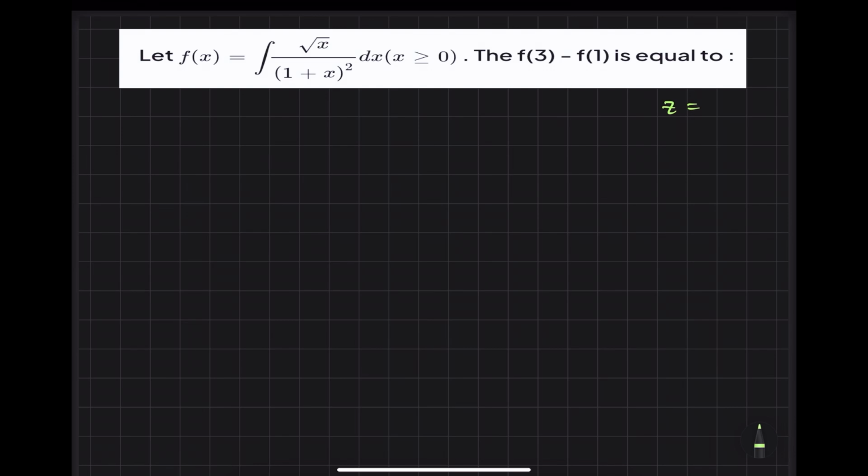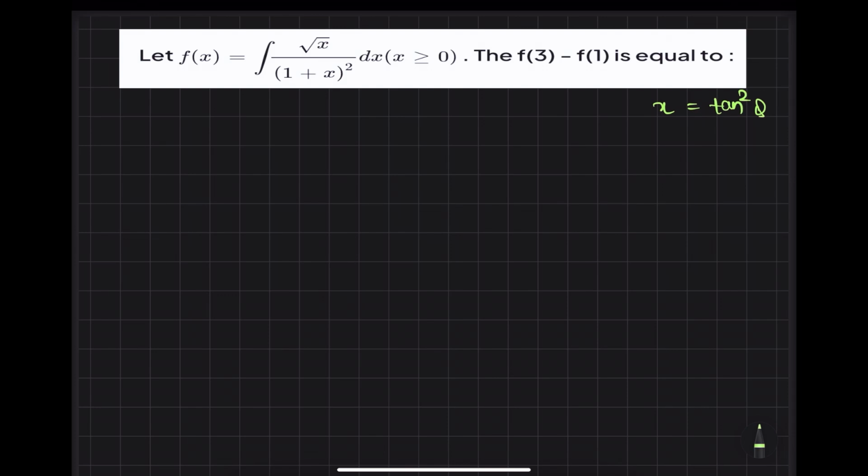But if you take this as sine square, here you will have 1 plus sine square, while the identity is 1 minus sine square x. You cannot connect this with anything. But suppose you take x as tan square x, you will get rid of this root, and 1 plus tan square x is equal to sec square x. So if we take x as tan square theta, then we end up solving this problem.